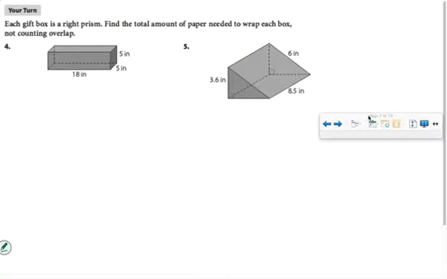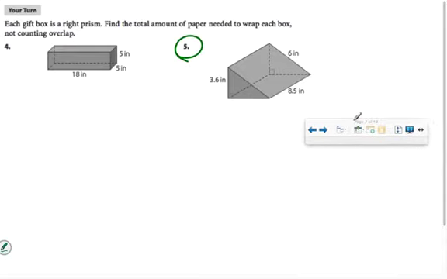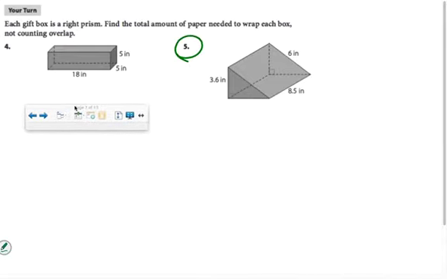In the interest of time, I'm only going to do number 5 here. In order to find its surface area, I need to know the perimeter of the base. This is a triangular prism, which means the base is the triangle. I don't know this length, so I'm going to call it A and use the Pythagorean theorem to find it.